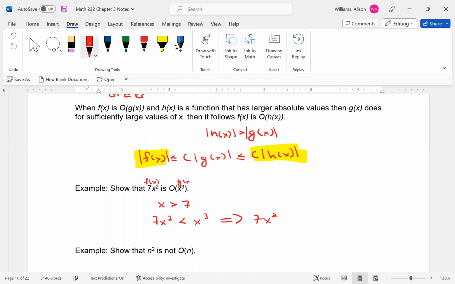This is g of x. 7x squared is less than or equal to 1 times x cubed. So there's our magic c. C is 1. And our magic k value is the restriction we placed on x, that x has to be bigger than 7. So when k is 7 and bigger, because we're saying it can be equal to, we're good to go. So there's our witnesses, our magic pair of numbers that make it work.